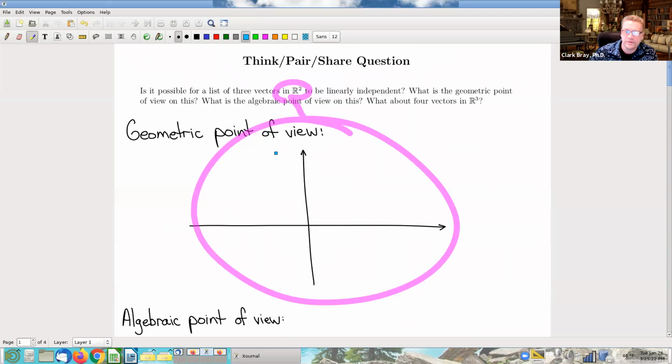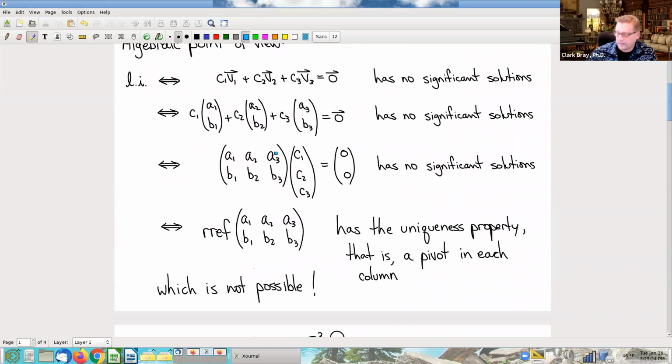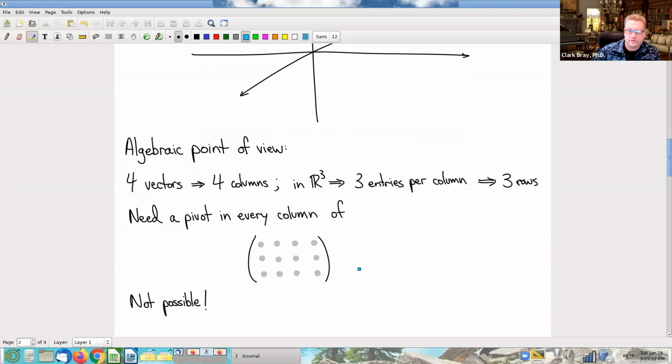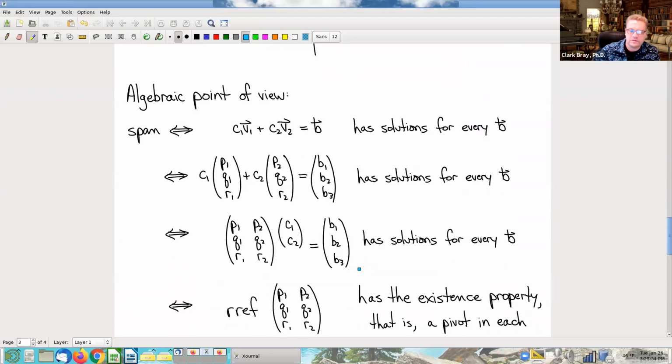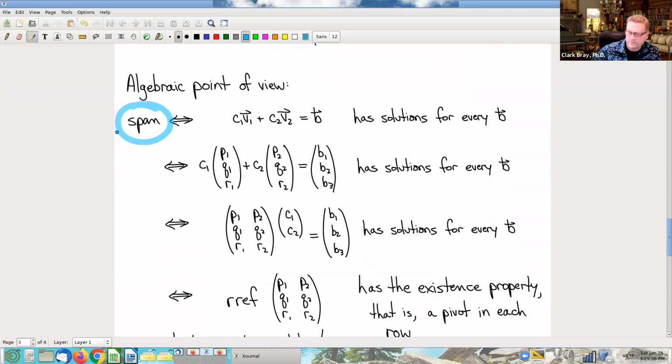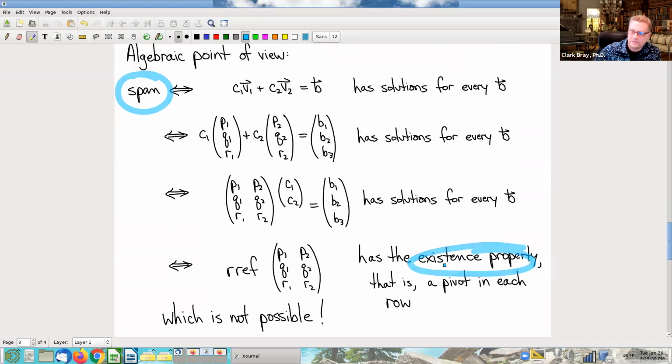You can come back up here and see all of this happening. Here we have independence, which boils down to uniqueness, which comes down to columns. And then in the span question, span comes down to existence, which comes down to rows.